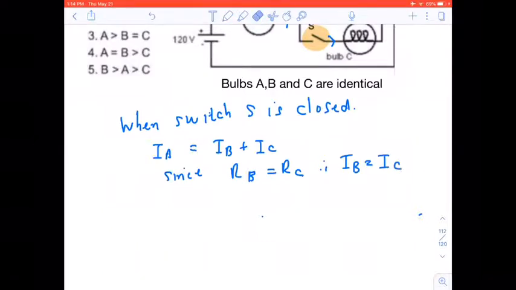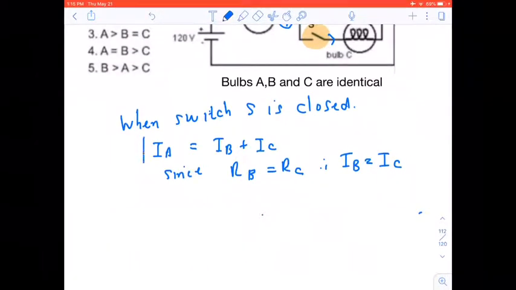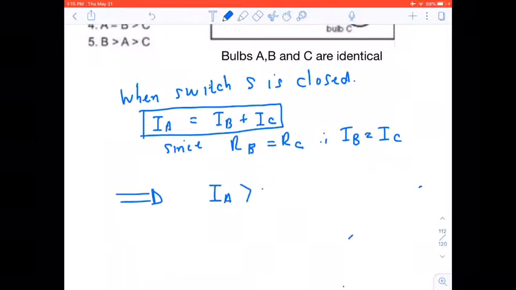Right, so in B and C, the current would be the same. But obviously, the current in bulb A would be greater, as this relationship shows you. So this implies that IA is greater than IB, but IB is equal to IC. Isn't it so?